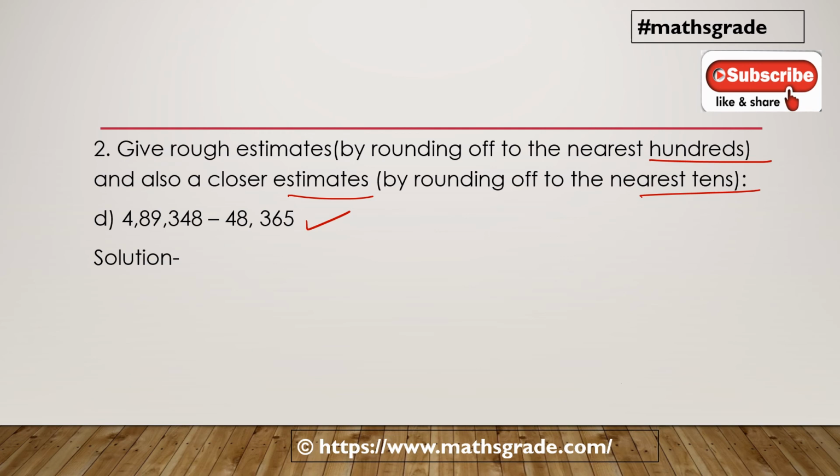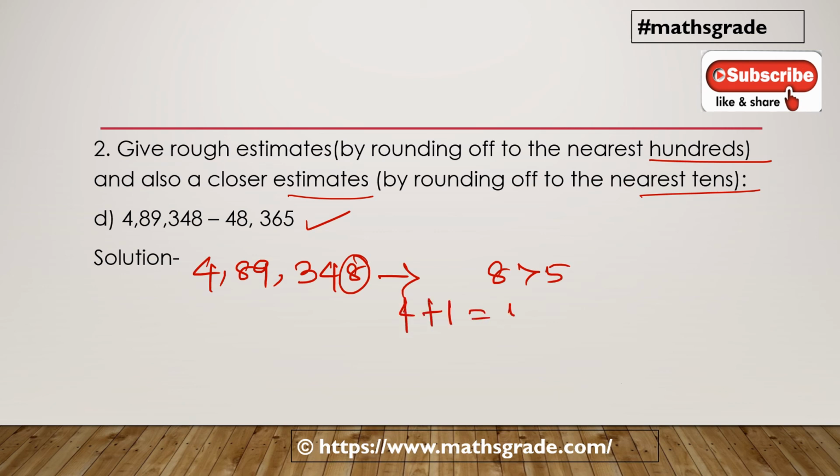Now we round this number to the nearest 10. That is the closer estimate of this number, rounding to the nearest 10. So 4,89,348. When we round any number to the nearest 10, just look at the unit place digit. Here the unit place digit is 8. 8 is more than 5. So just add 1 to the tens place digit. That is 4 plus 1 is 5.